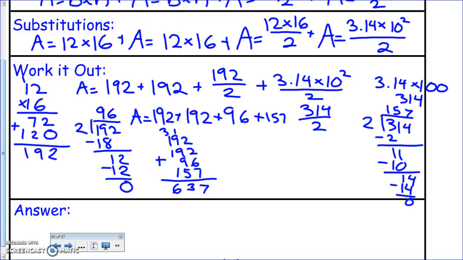So our answer is going to be 637 units squared because they don't give us a specific unit to use, so we need to use the word units and just put the 2 after it. Please make sure you have all the work copied down and glue both pages in your math notebook.